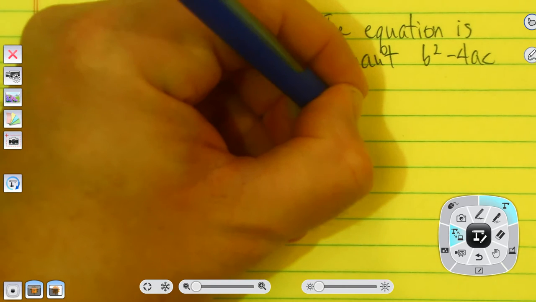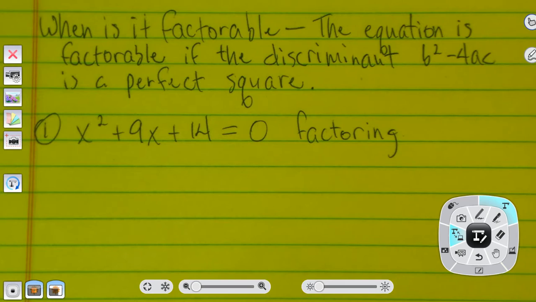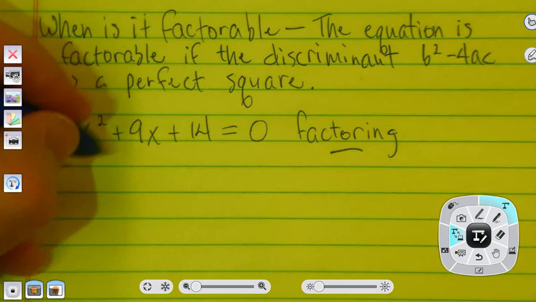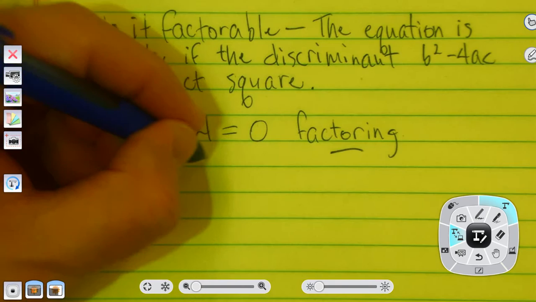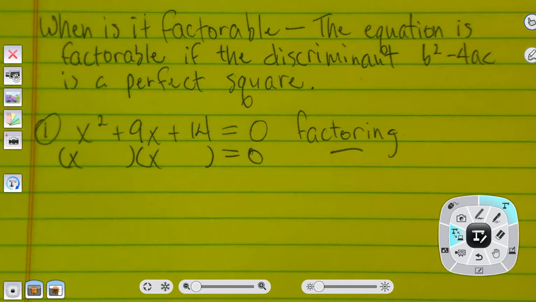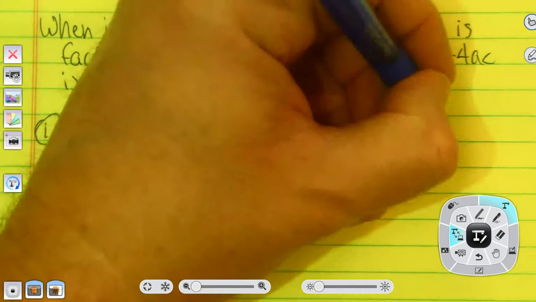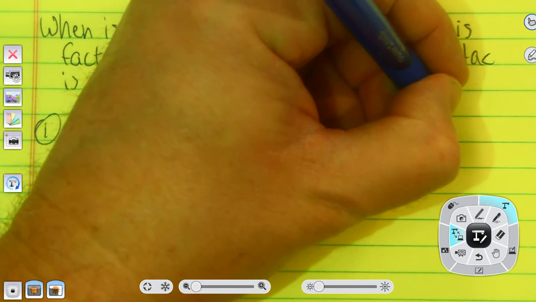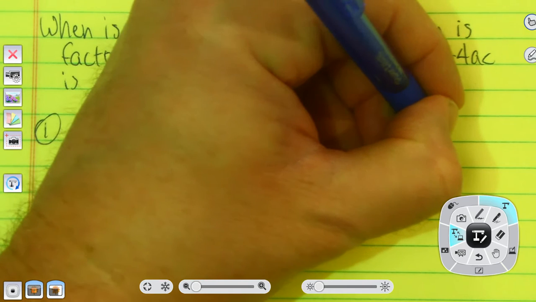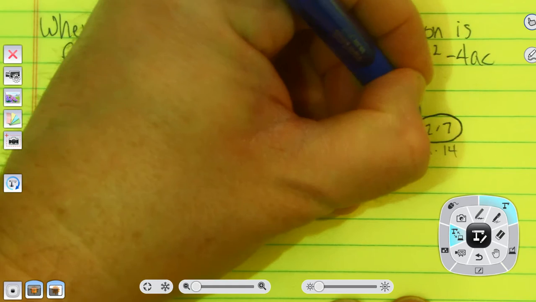Now, could I do it with the quadratic formula? Yes, I could. But I'm going to do it by factoring. And so I know to factor that, it's going to be 2 sets of parentheses. X squared is x times x. I'm looking for factors of 14, so that would be 2 times 7, 1 times 14. That's it. 2 times 7 adds to be 9.